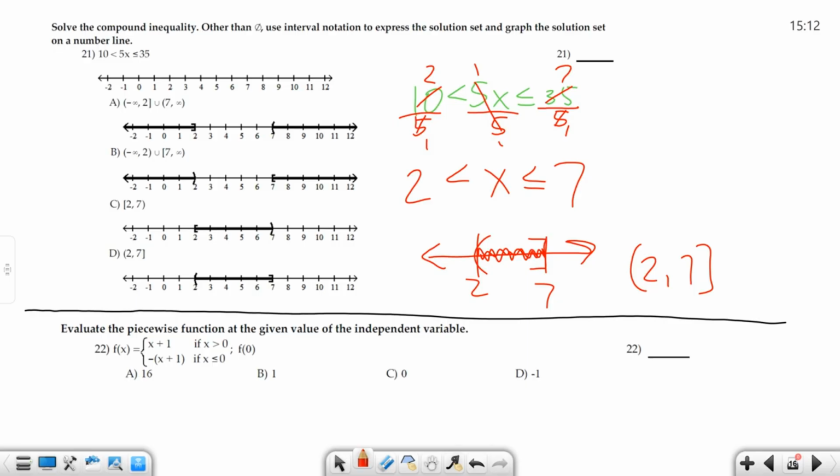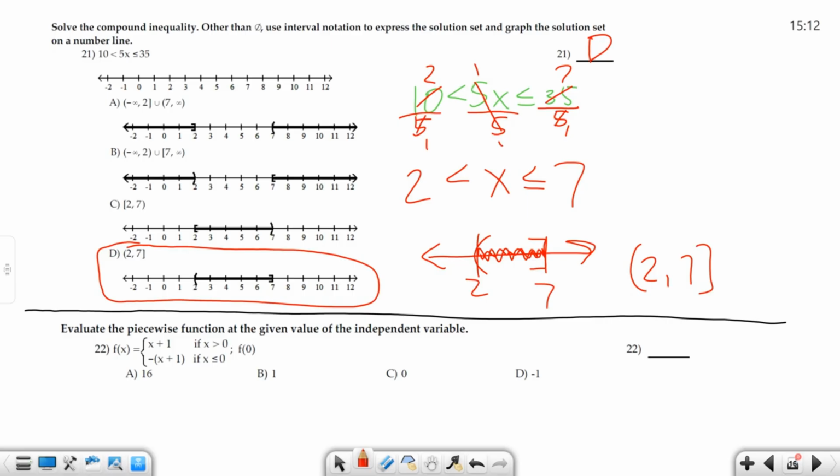So this 2 goes all the way out to 7. Yep, this is it right here. So 21 is D.